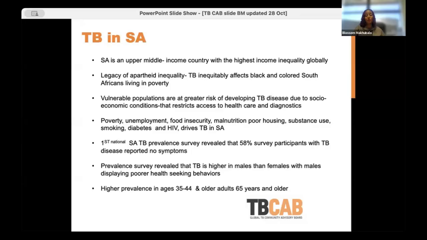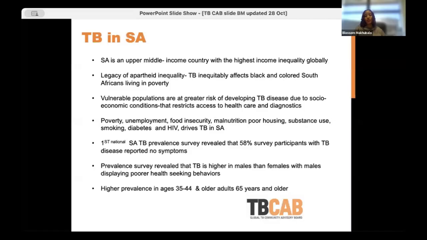They may be living in informal settlements where they are far removed from health facilities and cannot travel to health facilities. So that does impact the access. There's no point in having diagnostics if people cannot access the diagnostics. What drives TB in our country is poverty. We've got high rates of poverty, unemployment, especially youth unemployment.